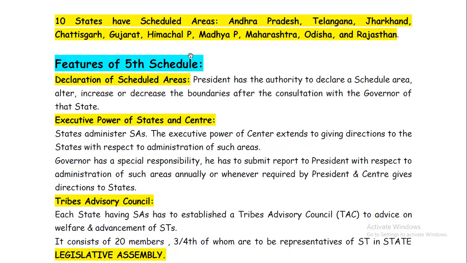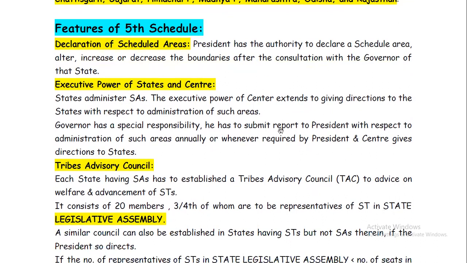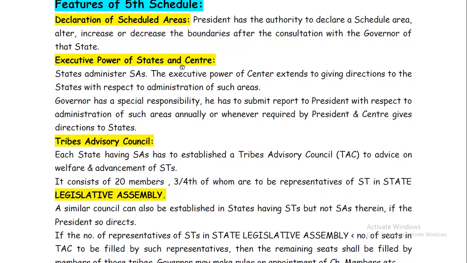Now, what are the features of the fifth schedule? First, declaration of the schedule areas, which is done by the President. The President has the authority to declare a schedule area, and alter, increase, or decrease the boundaries after consultation with the governor of that state. Then, executive power of states and center.